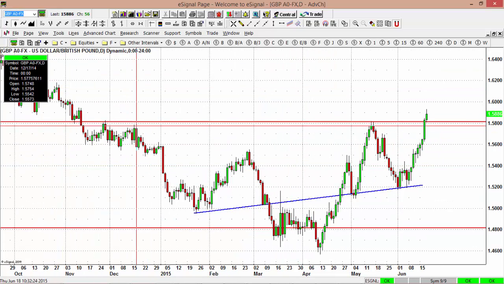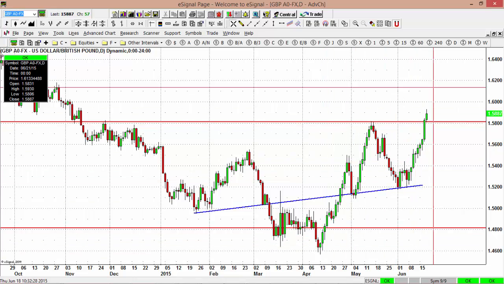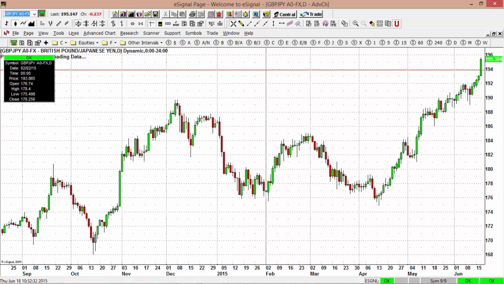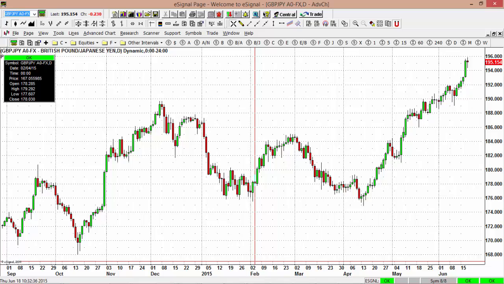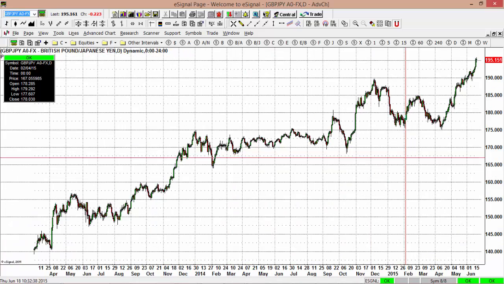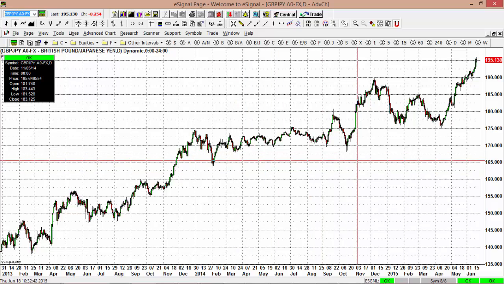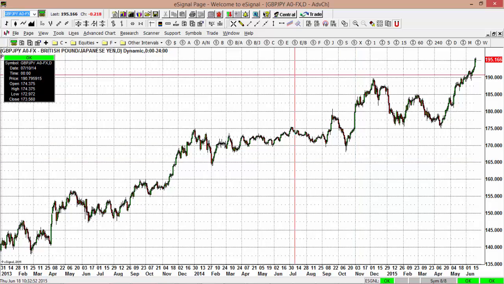Since April, it's telling you that we're in a clear uptrend. Look how long this uptrend has extended. So which side of the market should you be on if you are swing trading and position trading? The answer is the long side, because this market is in an uptrend.